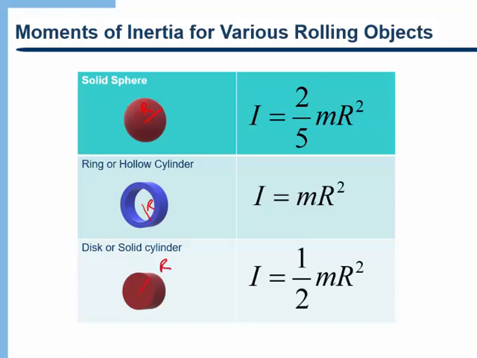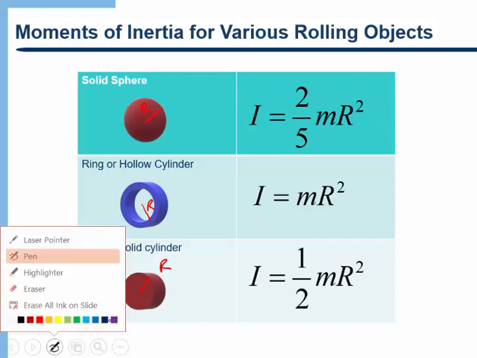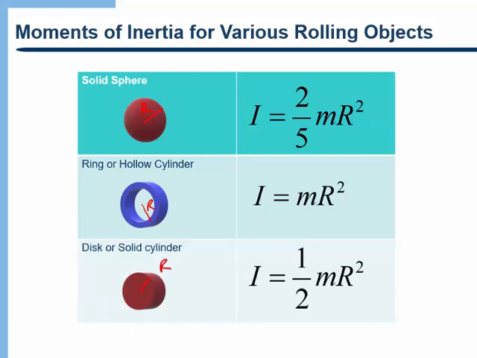If I've got a ring or a hollow cylinder, or what we called a hoop in the first video on rotation, it would be mr squared. And if it's a disk or solid cylinder, it would be 1/2 mr squared. Notice that a couple of these things make sense conceptually.